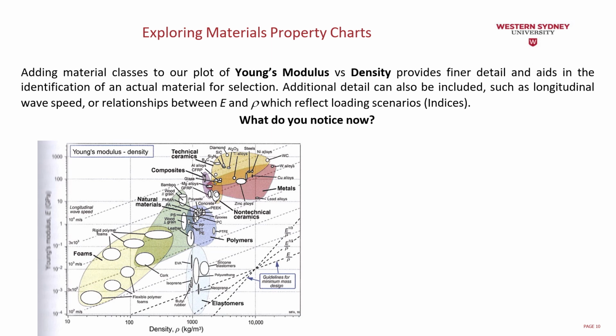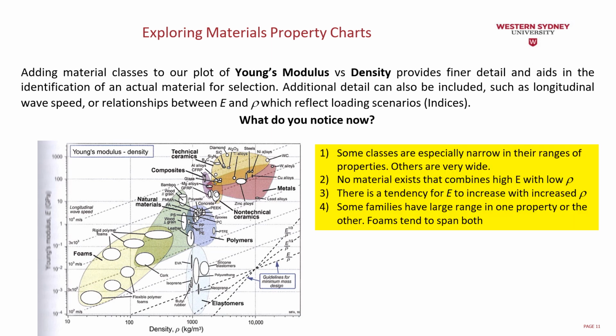By the way, this is something that you need to do in the quiz: include the other details like the names of the classes, the wave speed, and the relationship between the E and the rho. So what we are going to notice right here is the following.